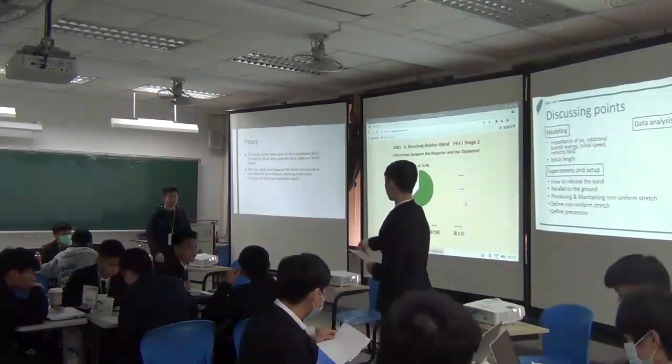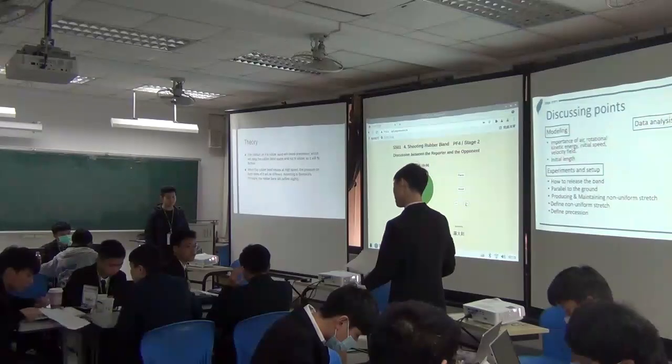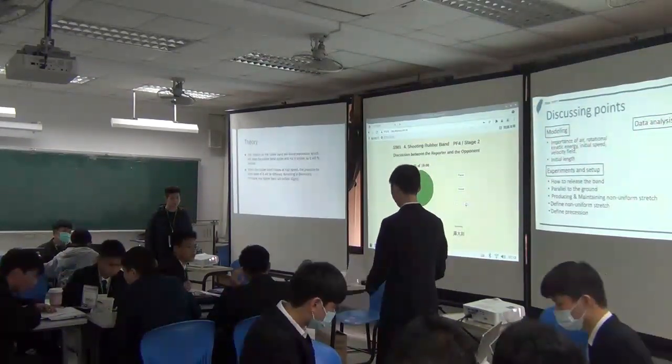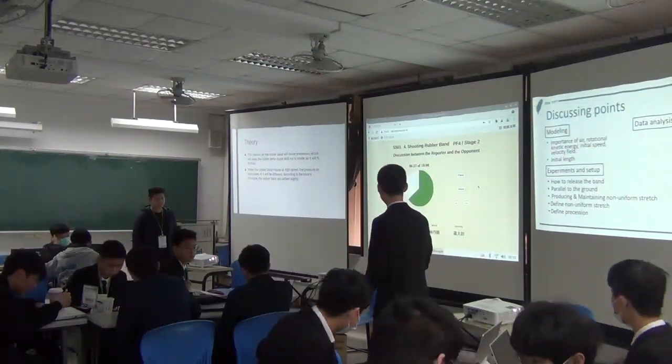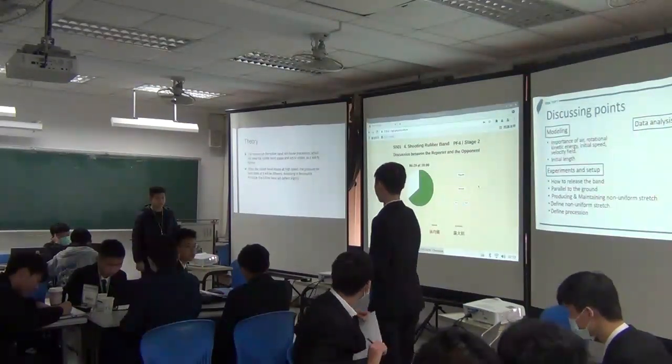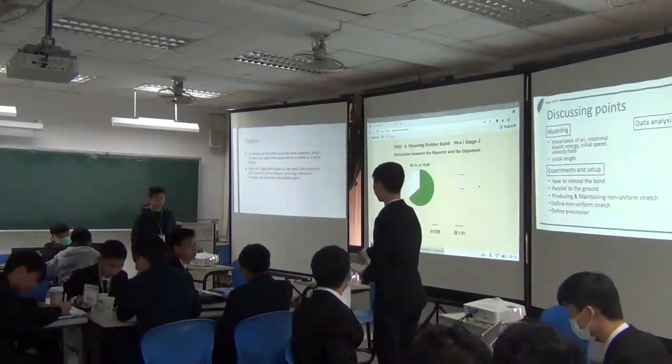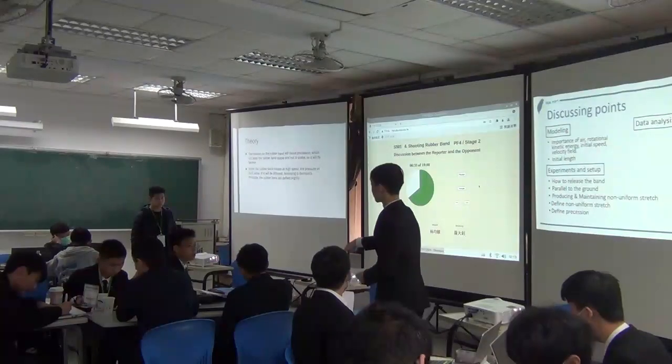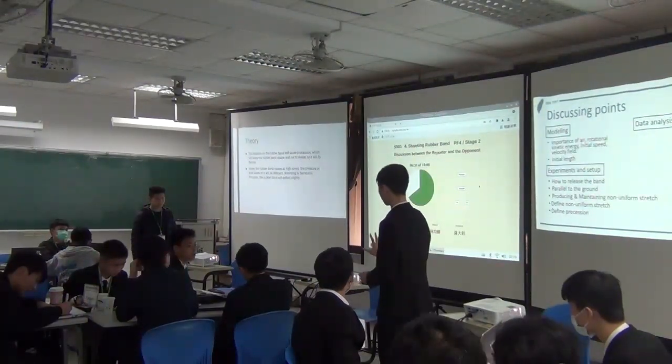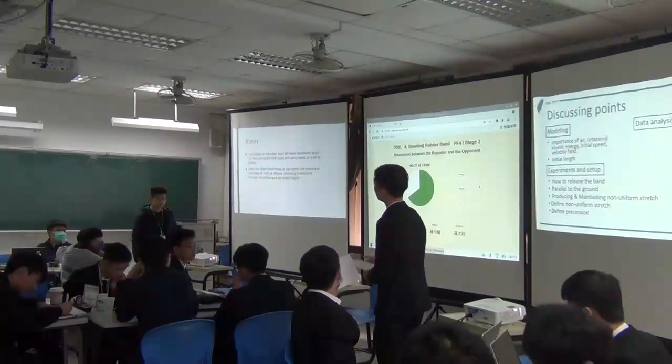Okay, so in order to observe the markings on the rubber band, you must have shot it from the upper side, right?